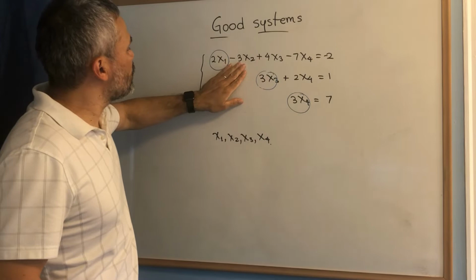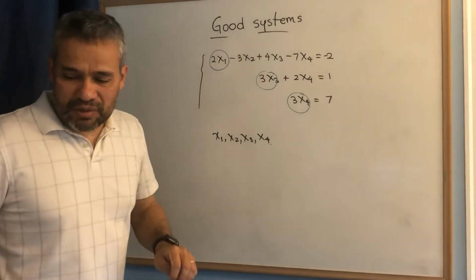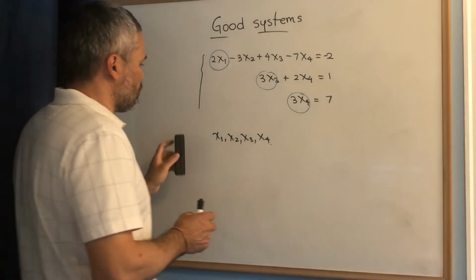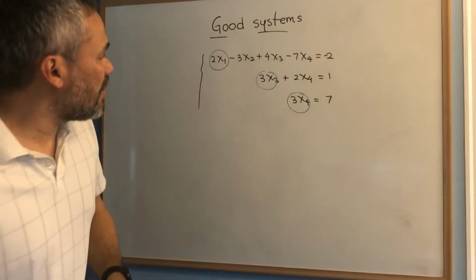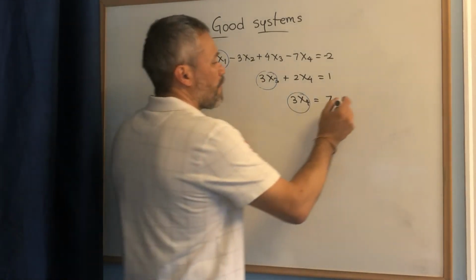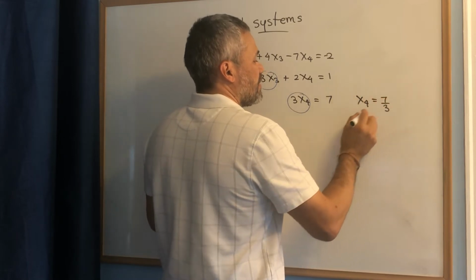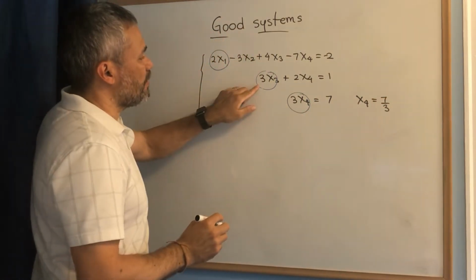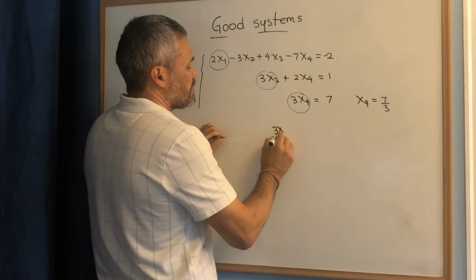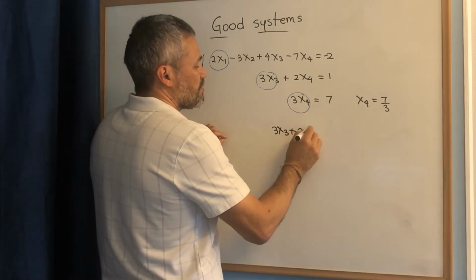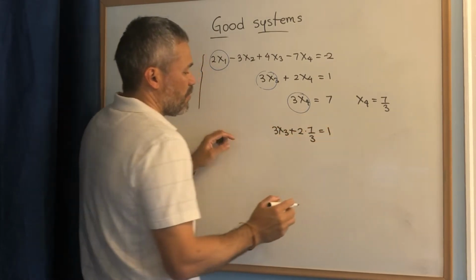Let me just do this system using back substitution. We have that x4 is 7/3, right? From here we get that 3x3 plus 2 times 7/3 equals 1.